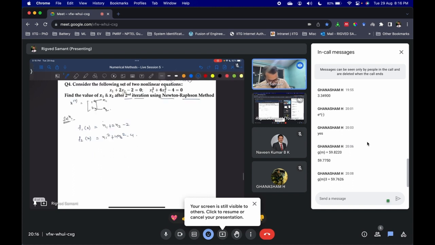So what we did there, first you found out the values of the function at the given initial guess.